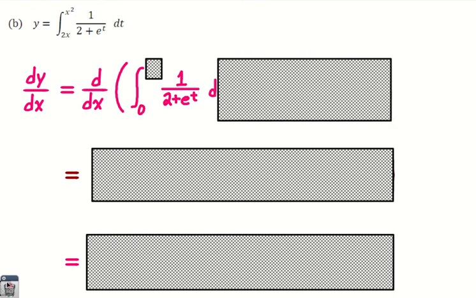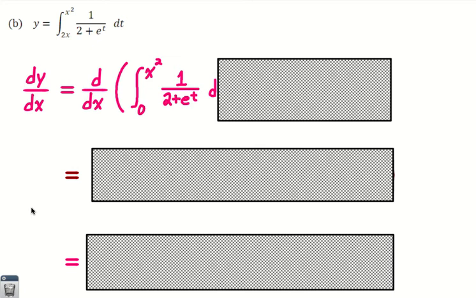I like the 0 to x squared. But the other integral is going to go from 2x to 0. So now we're going to be adding these integrals together, but am I not going to want to take the 2x to 0 integral and flip it?